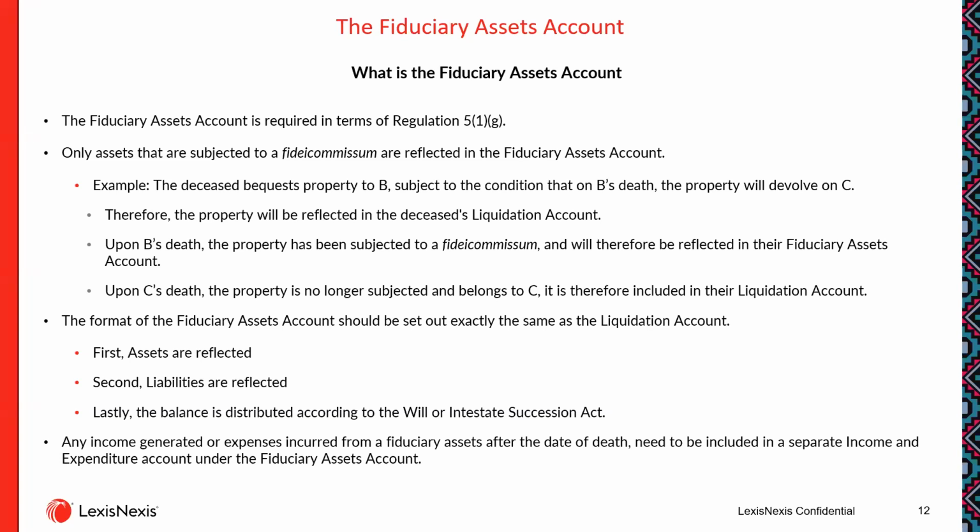And in terms of Regulation 5(1)(g), we only include assets subjected to a fideicommission in our fiduciary assets account. So this is best illustrated with an example, because in a fideicommission, we usually have 3 parties involved, and it's sometimes difficult to ascertain in which account we reflect the asset at which point.